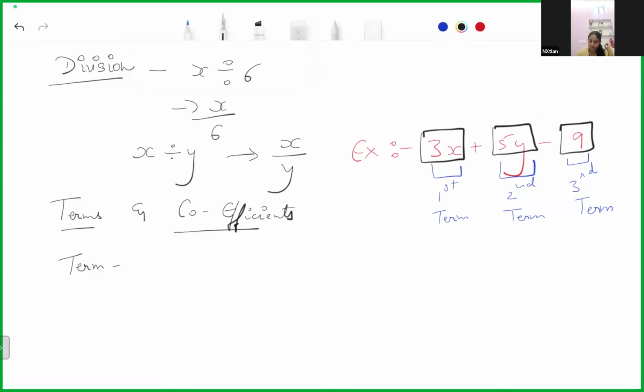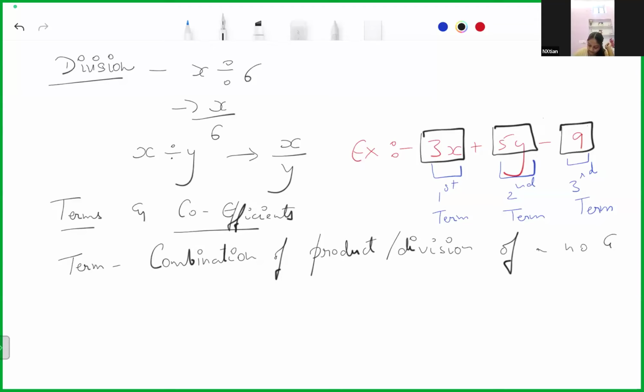And what's a coefficient? You said coefficient yesterday, right? Yes, I explained it yesterday, and I'll give a little recap today. A combination of product or division of a number and variable are terms.